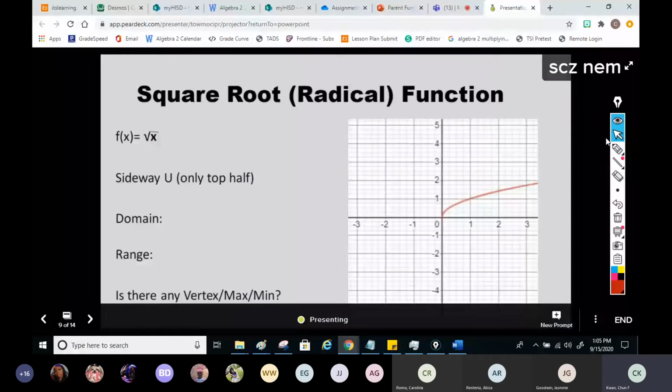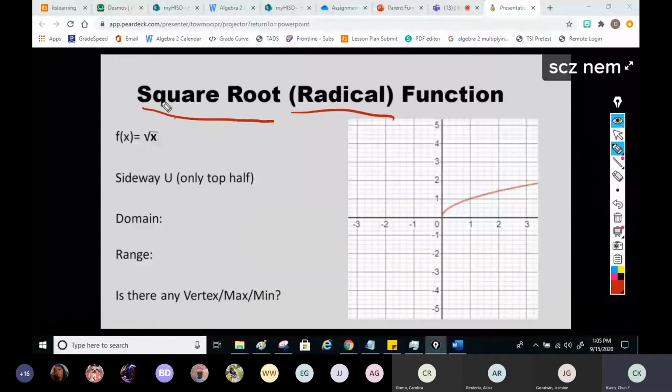So right here, this is the square root function. Someone also calls it radical. So these two names are interchangeable. Make sure you understand they are the exact same thing. Sometimes I'll call it square root, sometimes I'll call it radical.